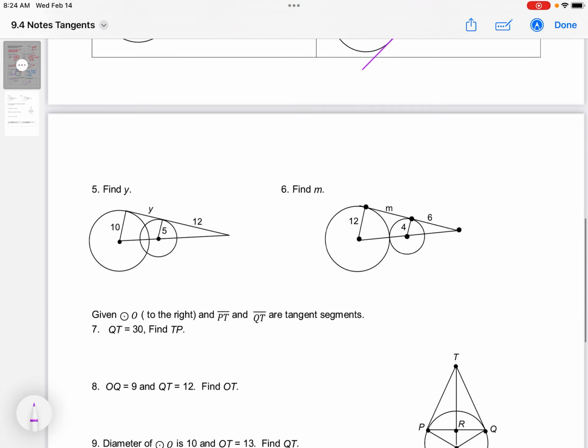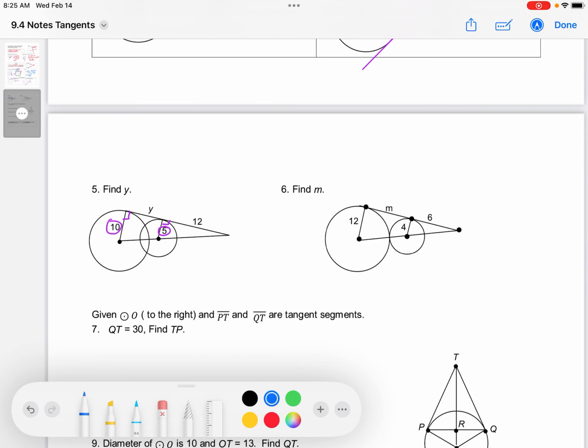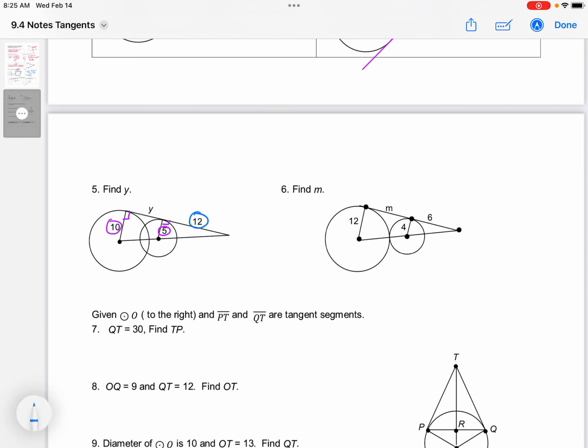So if we have a common external tangent, remember this is a right angle, this is a right angle. We have two similar triangles, and so we can do a proportion. So these guys are proportional. And remember, we need the whole thing, so we need 12 plus y.